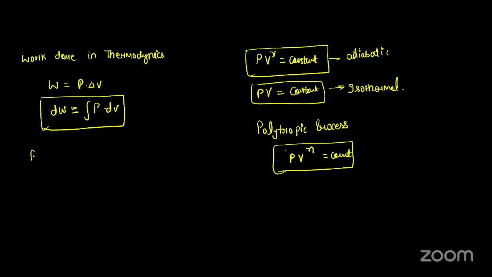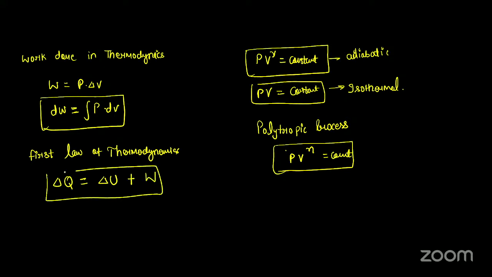Now, the first law of thermodynamics is that whatever heat is given to a system, it will go to the change in internal energy of the system plus work done by the system or on the system.